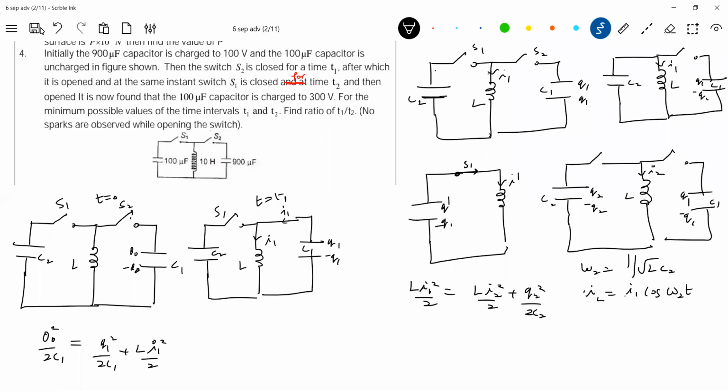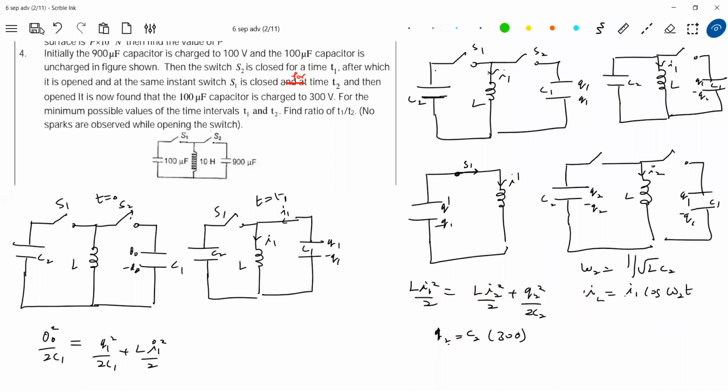So can I write this? And when the charge across the capacitor has become Q2, we know Q2 is C2 into something. Am I right? So we know Q2. Then from substituting this, we'll get a relation between I1 and I2. Okay, look here. We'll get I1 and I2.